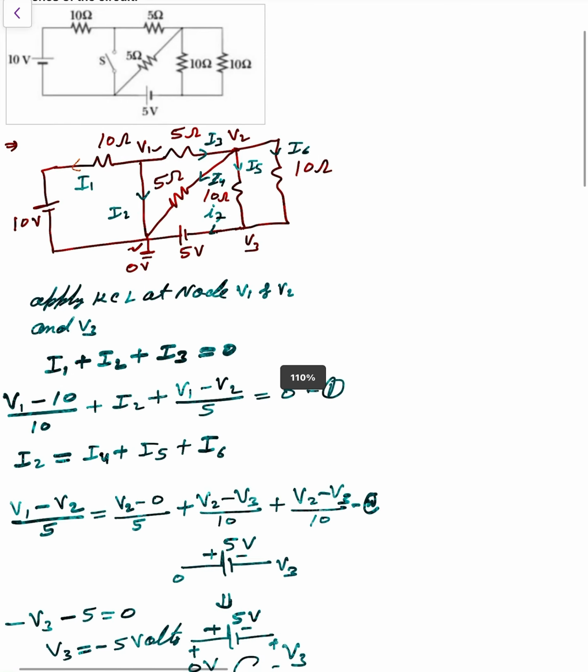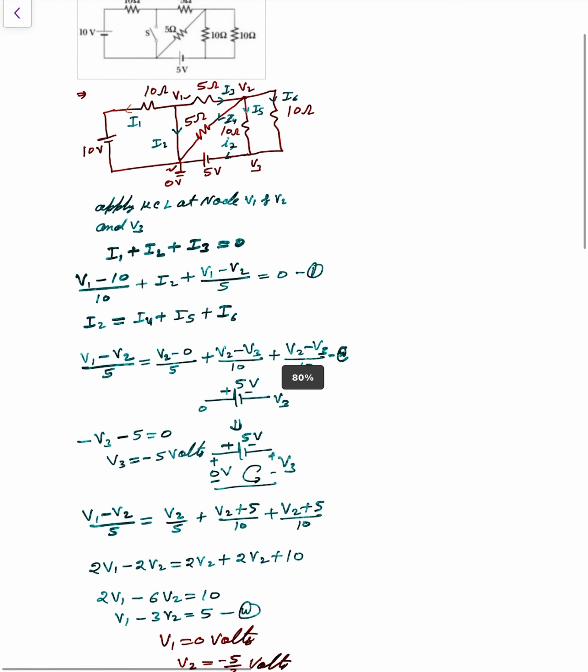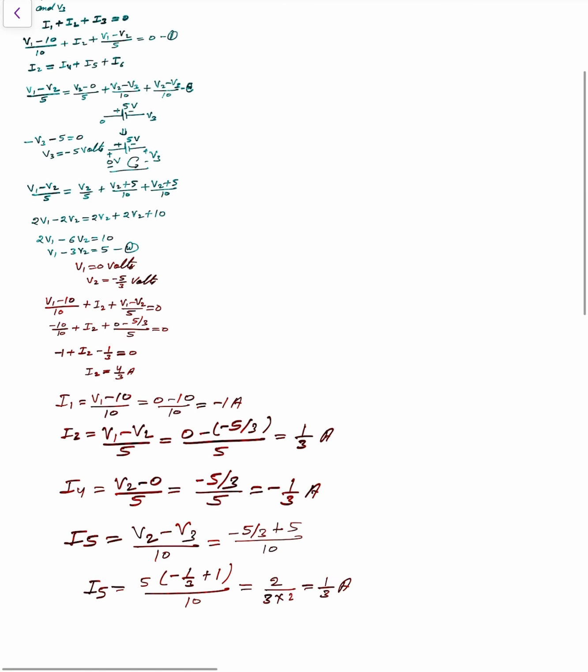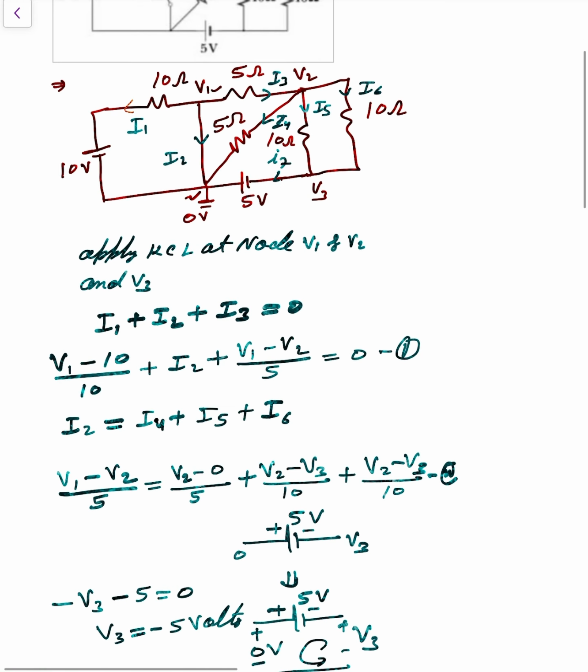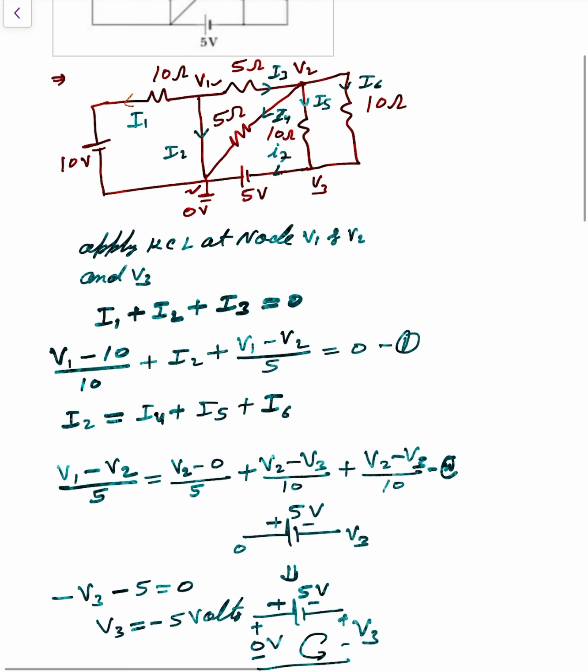Now, what about I6? I6 is also V2 minus V3 divided by 10. So it is also written as 1 by 3 ampere. Clear? Clear or not? So after that, what about I7?